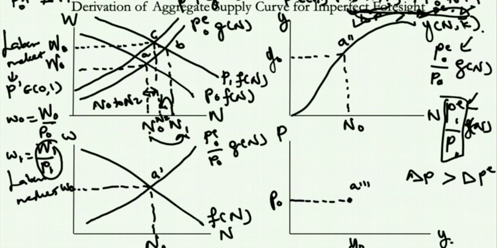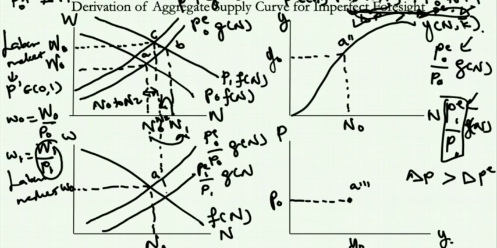You get what I mean here? And because the expectation is less than what actually happened, they think that the real wage won't decrease so much. So that's why the supply in real terms here increases.